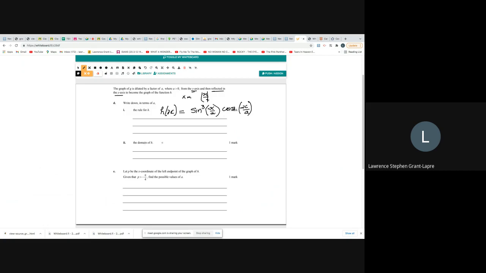The domain of H, well, if G of X had a domain, if you check back, it had a domain of from 0 to pi over 2.